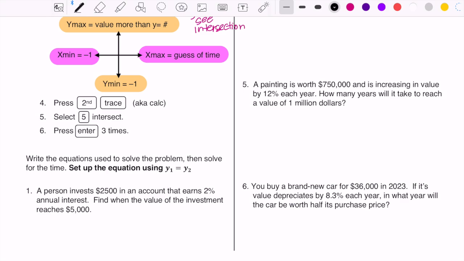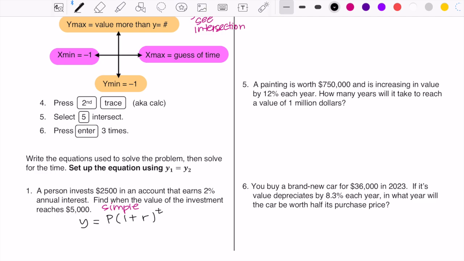I'm going to make sure I realize this is simple interest because it doesn't say compounded quarterly or semi-annually or anything like that. My formula for that is P times 1 plus r to the t.